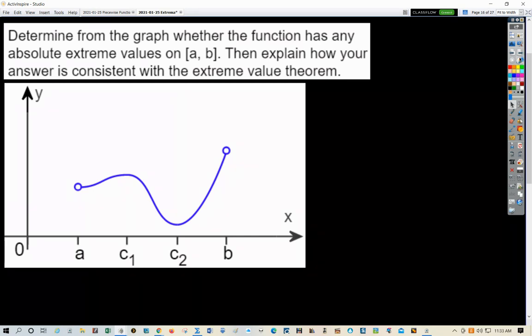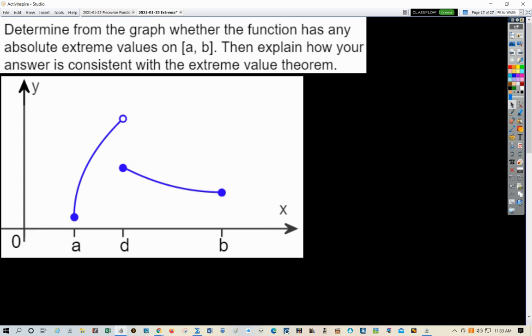Okay. How about this one right here? What do you think? Emma, what do you think? So I was really confused.